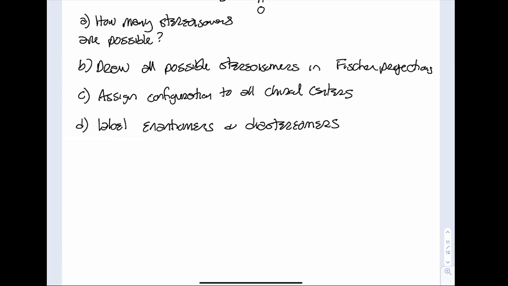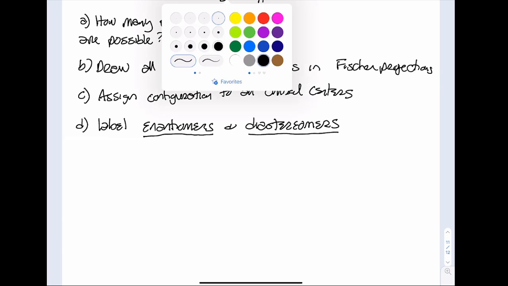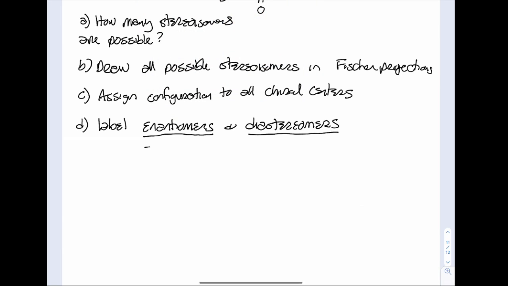So enantiomers, remember we said, were our stereoisomers that are non-superimposable mirror images, right? We said they have opposite configuration at all chiral centers. If they were superimposable, they're the same thing.